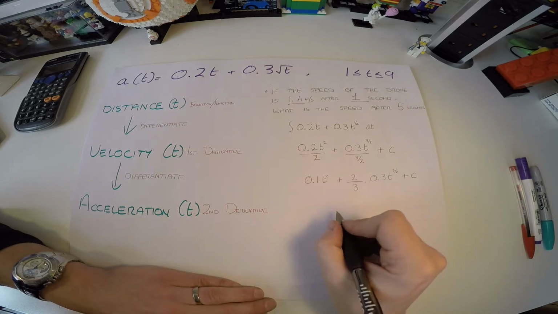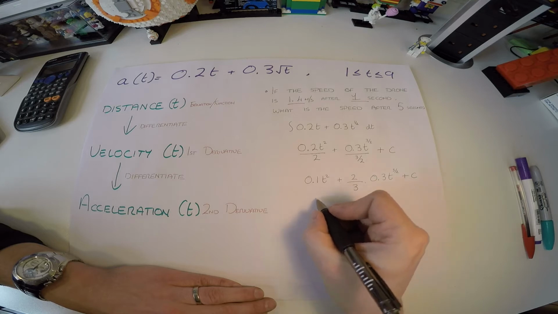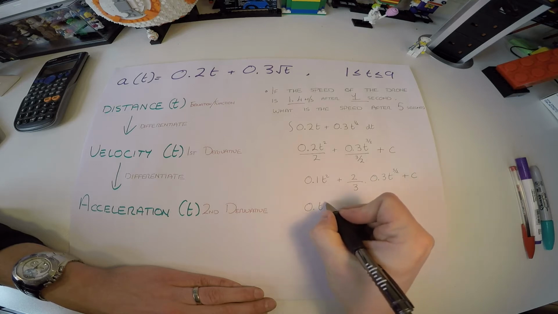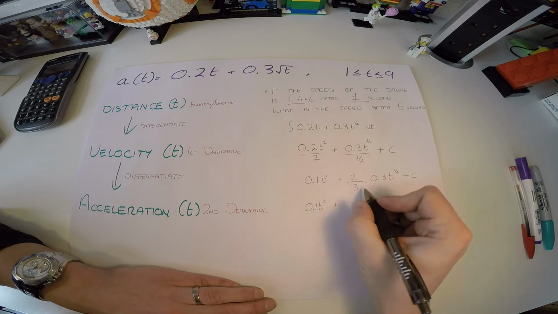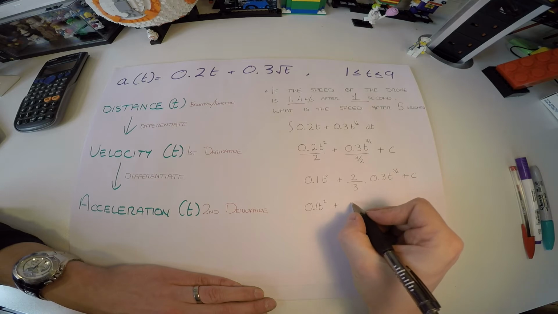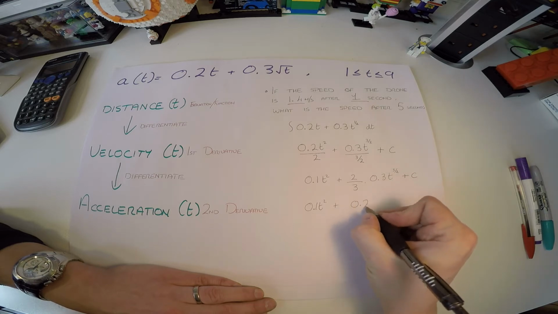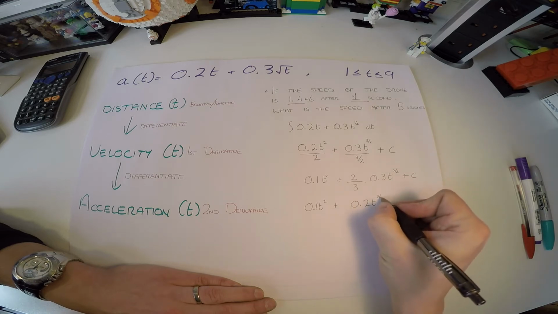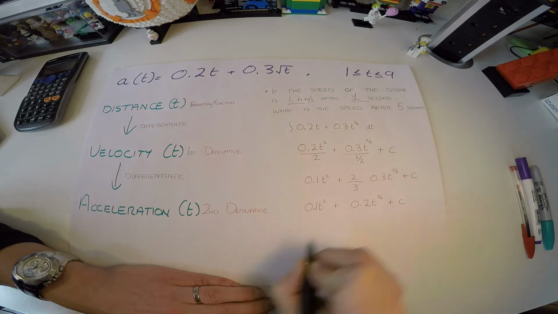So a small bit of tidying up gives us 0.1 t squared out the front. Now 2 over 3, well the 3 into 0.3 makes that 0.1, so effectively this term here is 0.2 t to the 3 over 2, and we have a plus c.